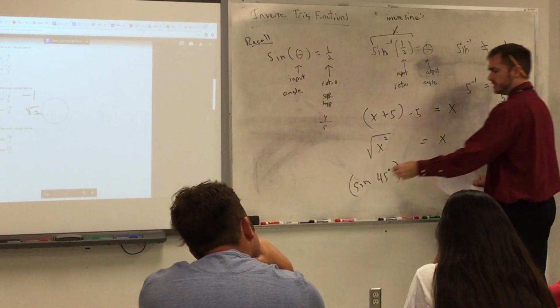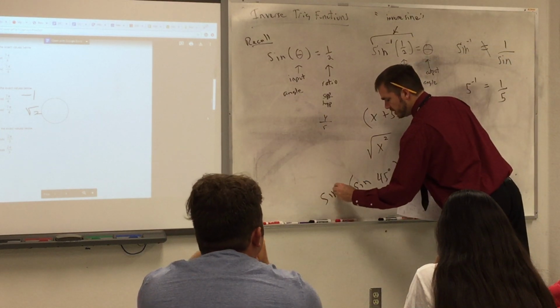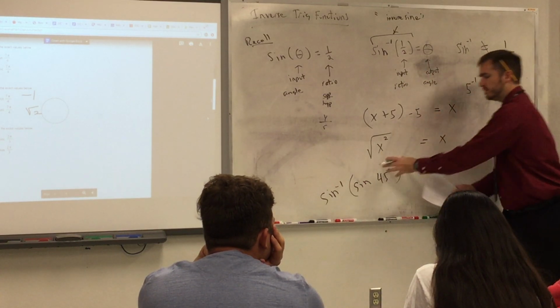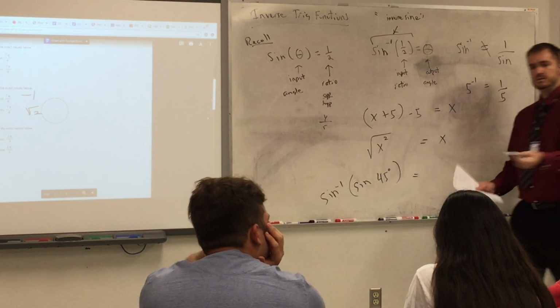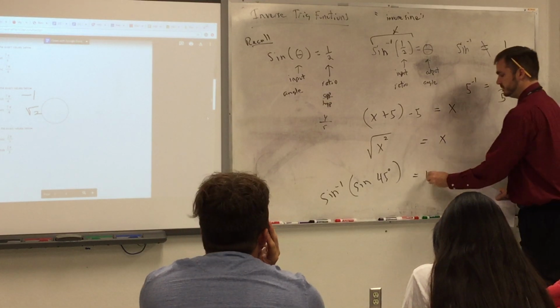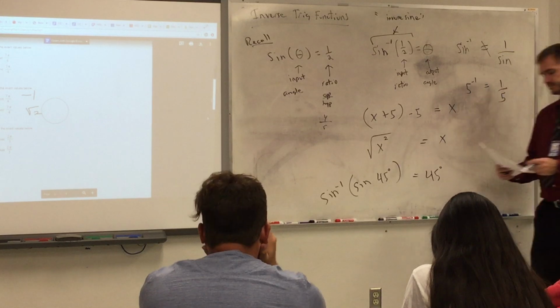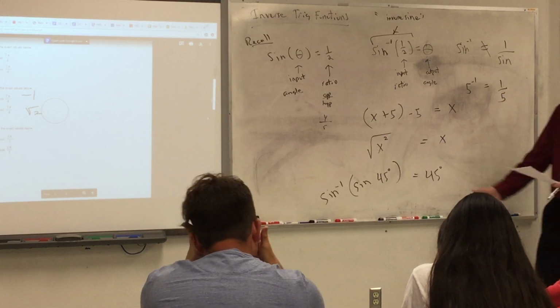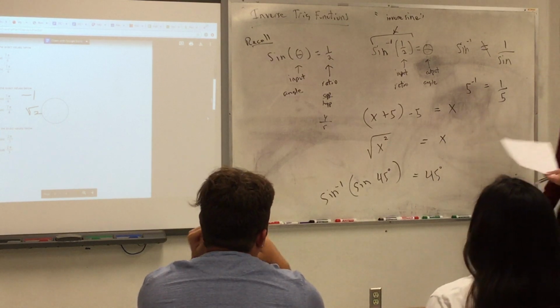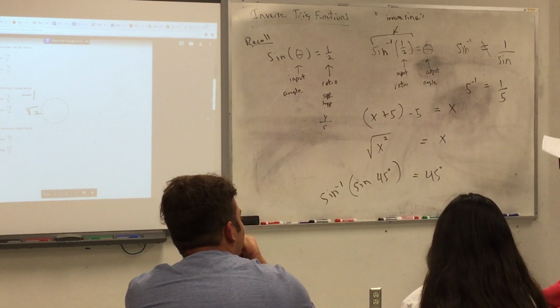But then on that answer, I took the inverse sine of it. I said, you've got that ratio. Tell me what angle it was. Where am I at, class? 45. Okay, so you can have inverse sine inside of a sine. So that's kind of neat.